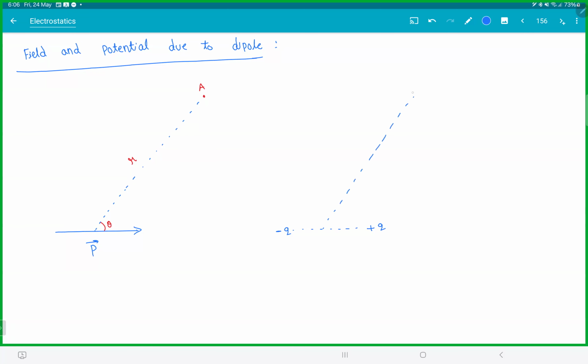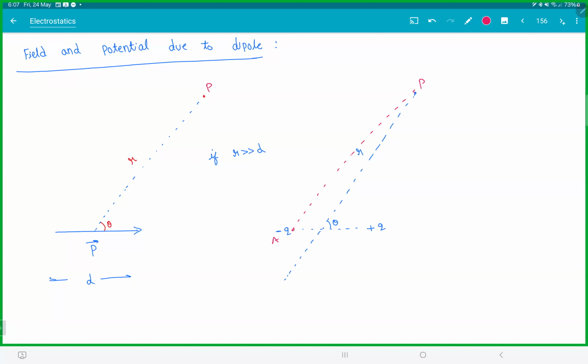So this is r, this is d. So if r is much greater than d, we can do a binomial approximation here, kind of extend this line theta. Let's call this as point A, let's call this as point P.